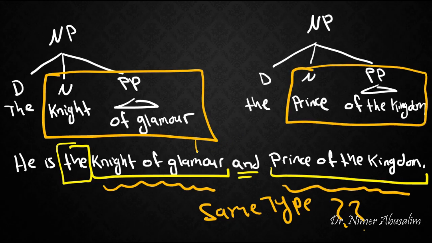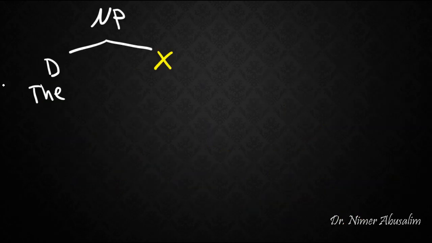Since we're able to coordinate these two, that means they are constituents of the same type, and now we're asking, what is that constituent? How do these form a unit? It looks to us here that they do not form a unit. Well, then perhaps again there must be some intermediate structure in between. Perhaps our noun phrase should look something like this. An NP with a determiner and let's just say an X for now.